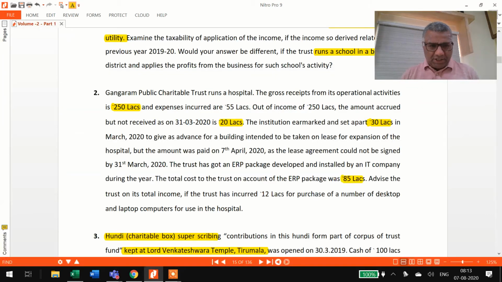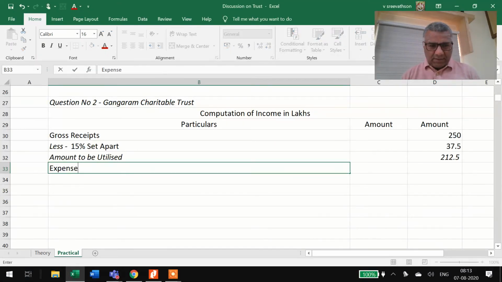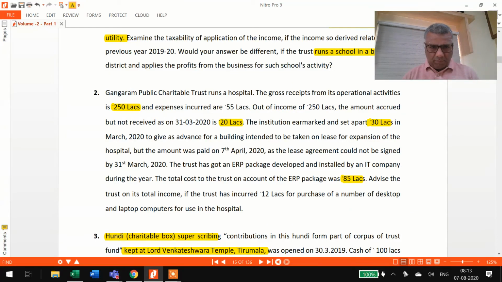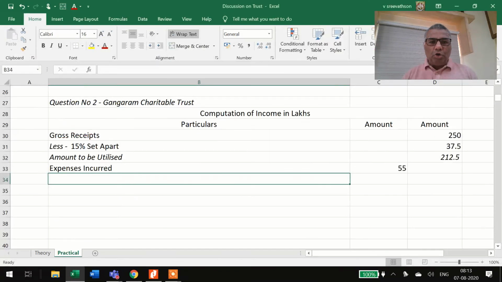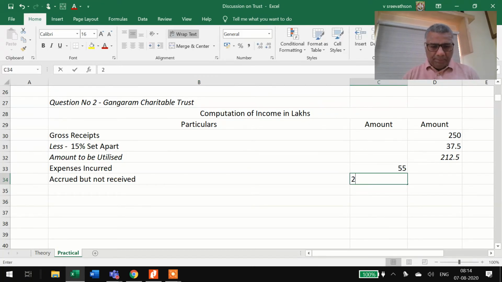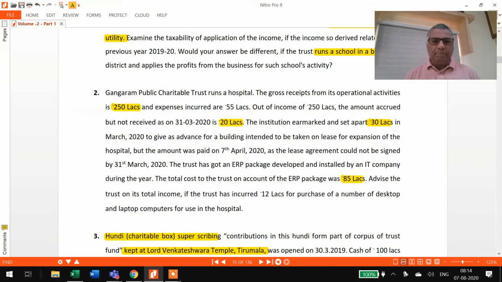Let us see the utilization. Expenses 55 lakhs. Okay, the amount of income accrued but not received, 20. Okay.